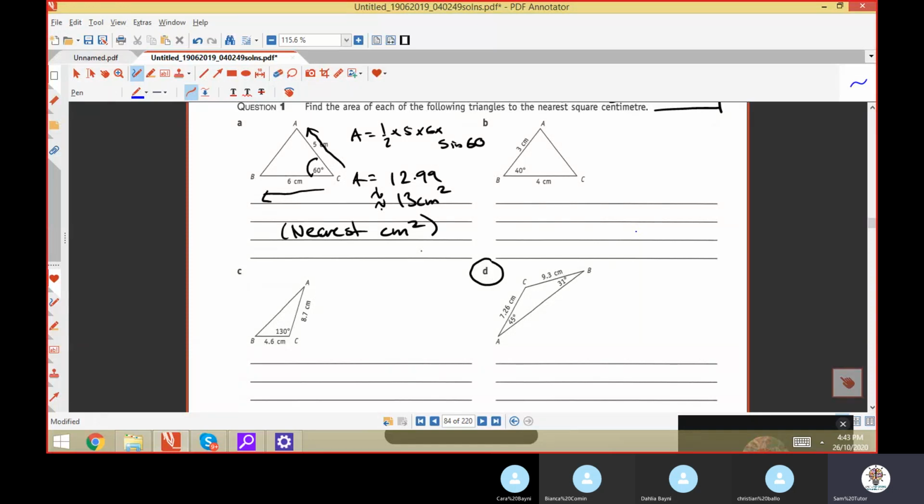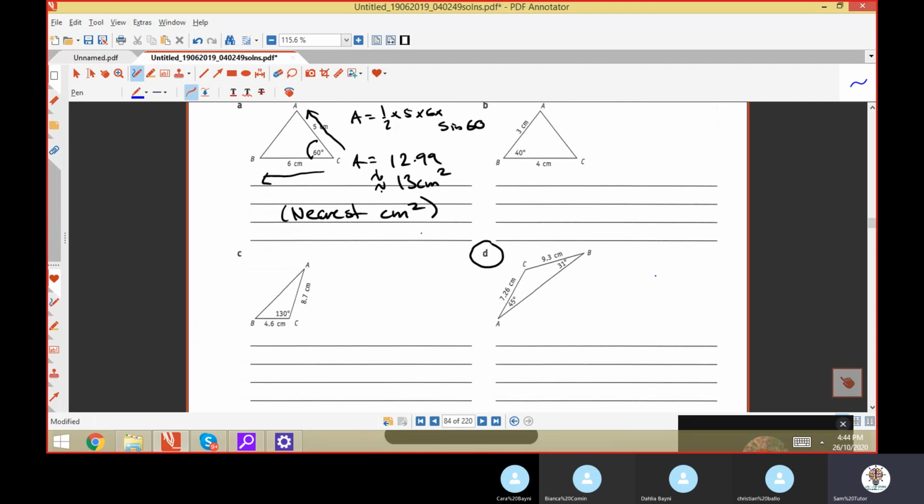At first glance, D might look like the sine rule, right? Then you could use 7.26 and 9.3 as your A and B, and evaluate the area that way. Yeah, that's correct.